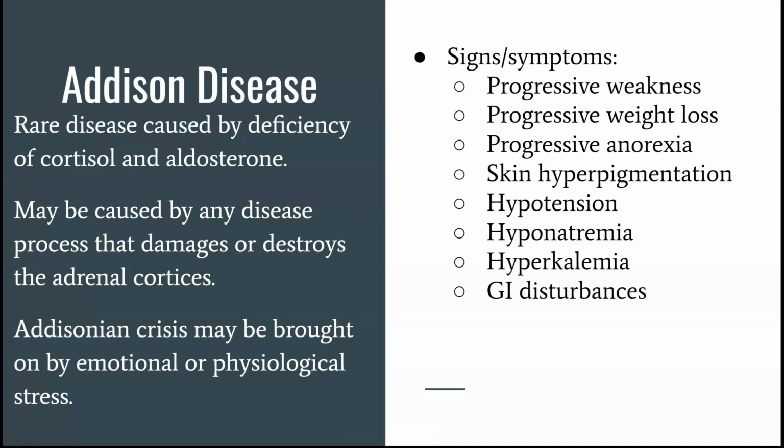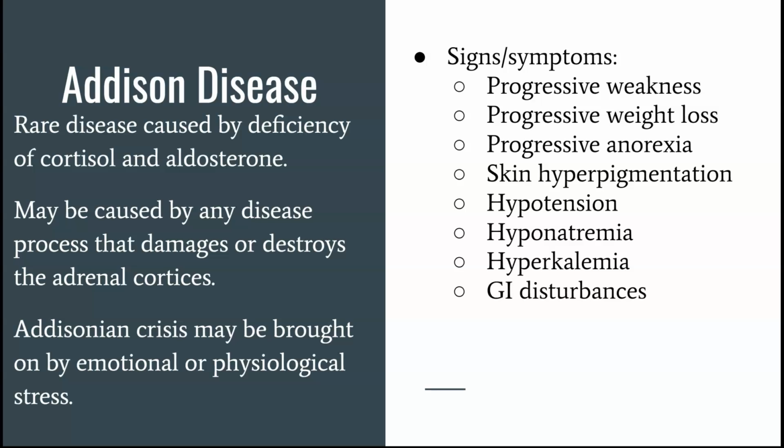On the other side, you have Addison's disease, which is not enough cortisol or aldosterone. Basically, anything that damages the outside part of the adrenal glands. Patients can live with Addison disease very easily by taking supplemental steroids.